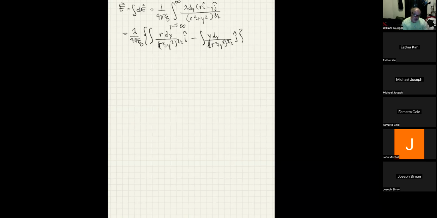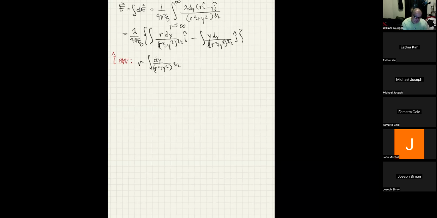So I'm going to break up the integrals into parts. So I'll say i hat part. That just becomes r times the integral of dy over (r squared plus y squared) to the 3/2.